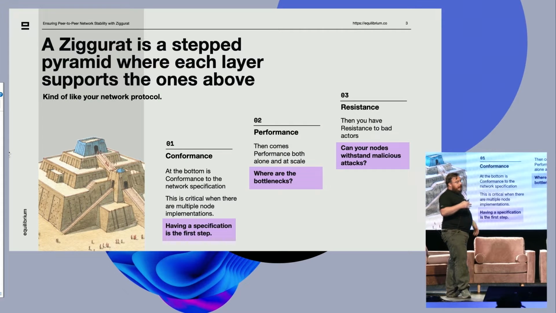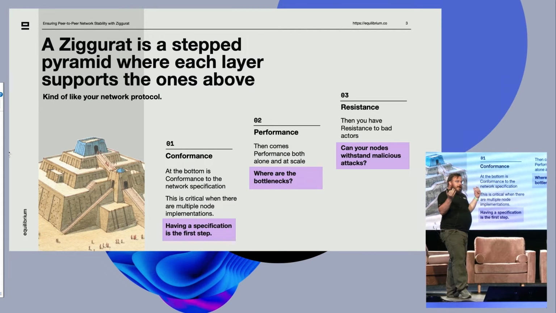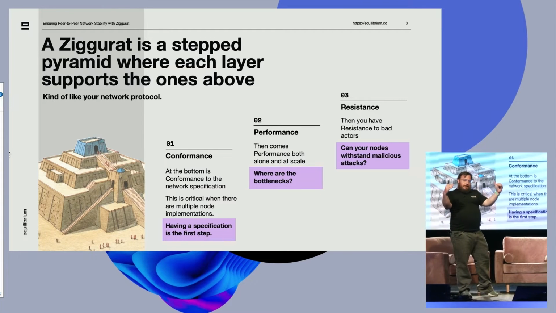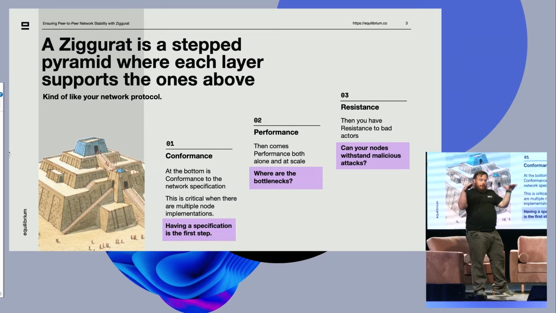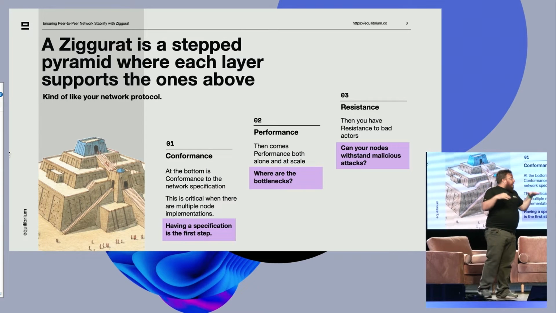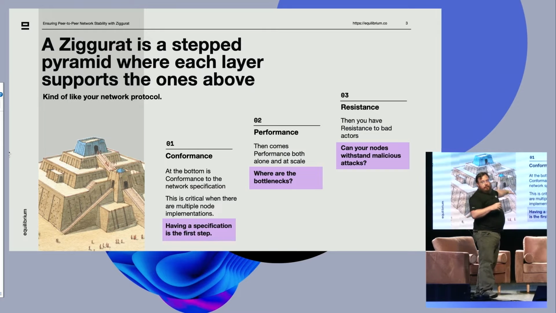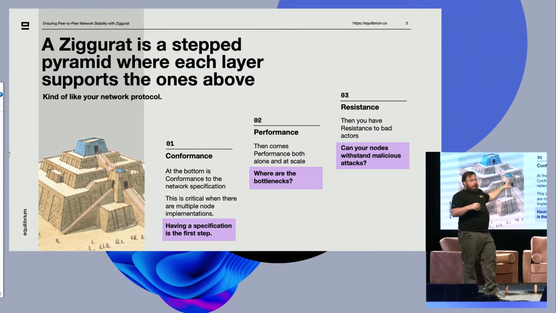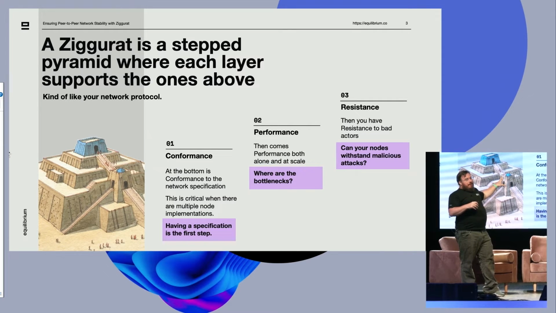So we came up with this idea of the Ziggurat, which, if you're not familiar, is a stepped pyramid. And each layer in the pyramid is going to support the layer above it. And we, at Equilibrium, define these three layers. It starts at the bottom with conformance. If you're lucky enough to have a networking spec, the first thing is conformance to that spec in your node implementation.